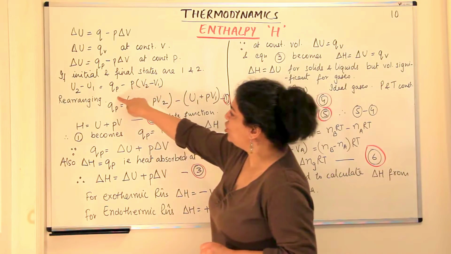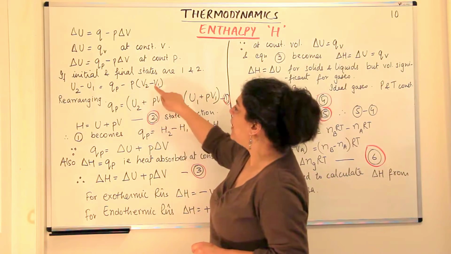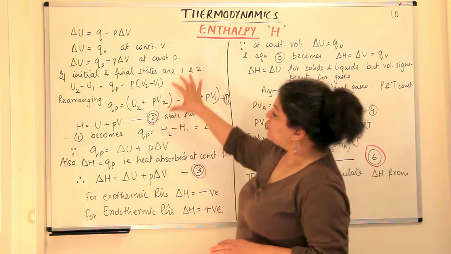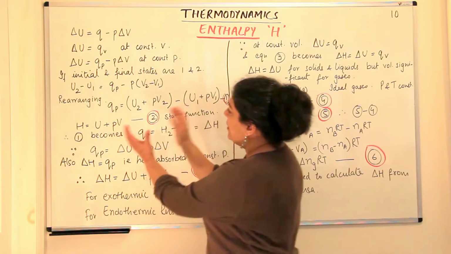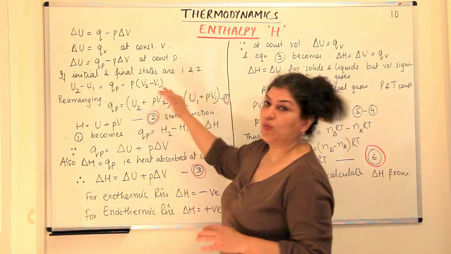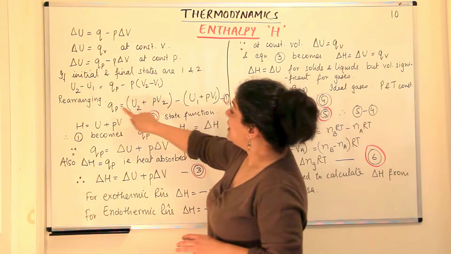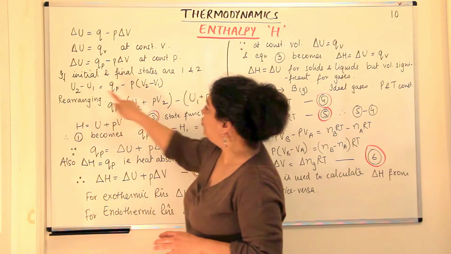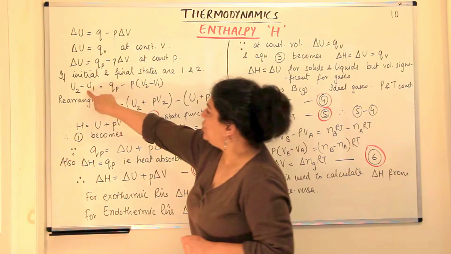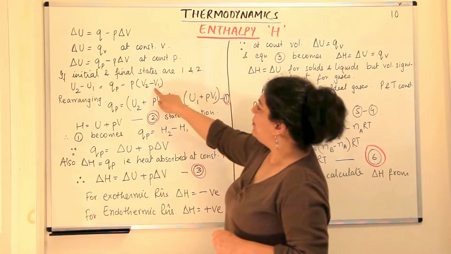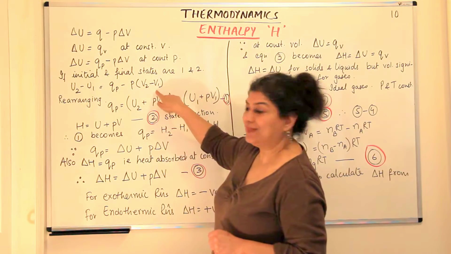We could write this as QP minus PV2 minus PV1, right? So when we take all of this to that side, QP would become equal to U2, and we are putting the 2's together and the 1's together. So we get QP is equal to U2 plus PV2 minus U1 plus PV1, right?